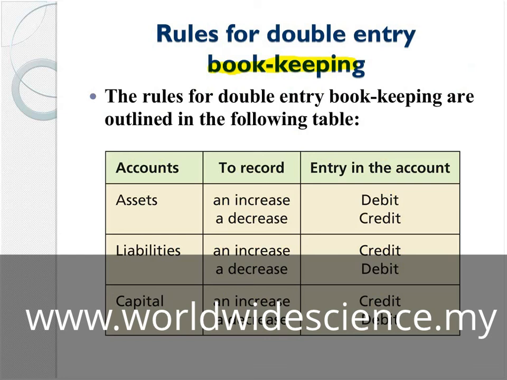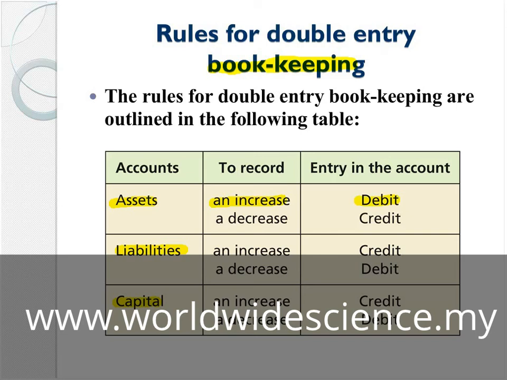So we have accounts. You remember you have assets, liabilities, and capital. To record them, they will increase or decrease in how we show them in the accounts. If assets increase, we show it in the debit. Debit means on the left side, right?